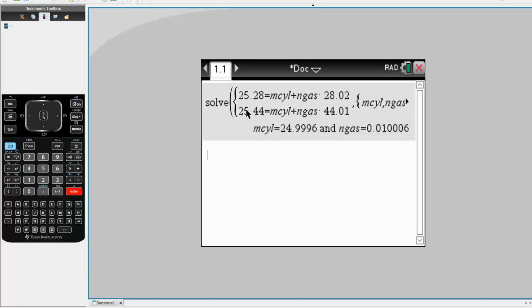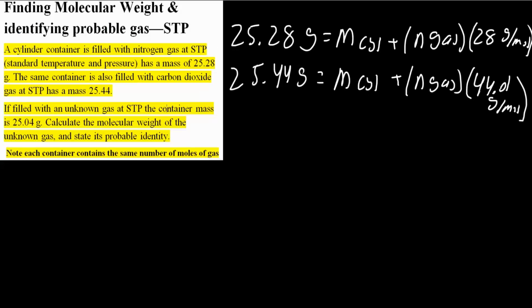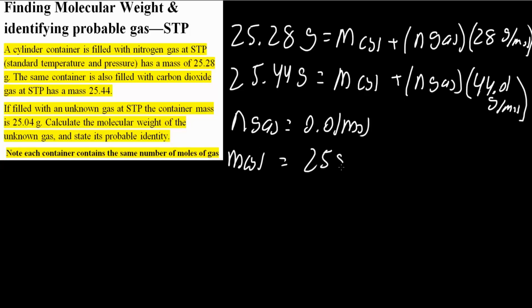We simply hit enter, and this is what we get. So the mass of the cylinder is about 25 grams and n gas is about 0.01. So let's write that down. So we know now that n gas is equal to 0.01 mole and that the mass of the cylinder itself is equal to 25 grams.